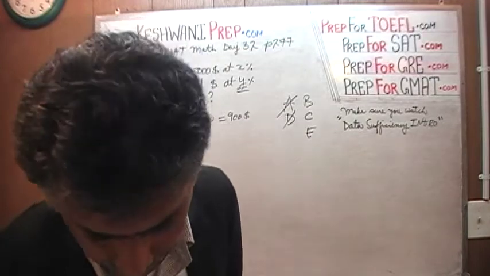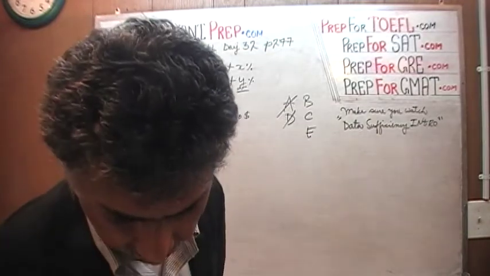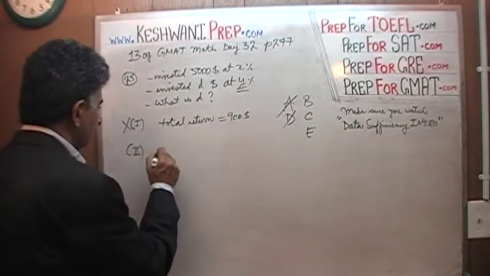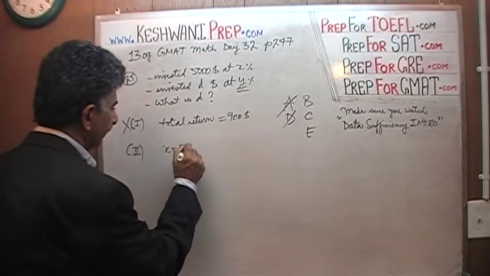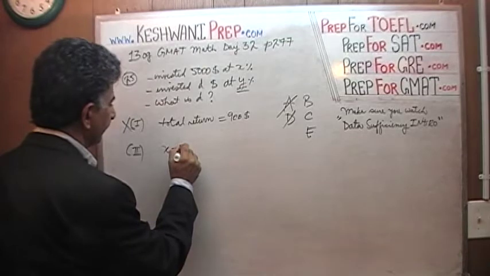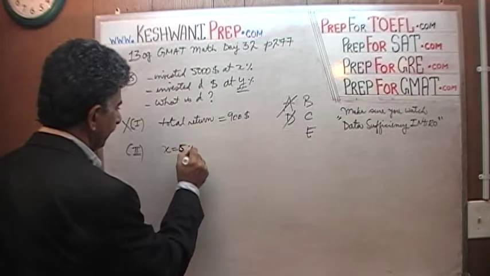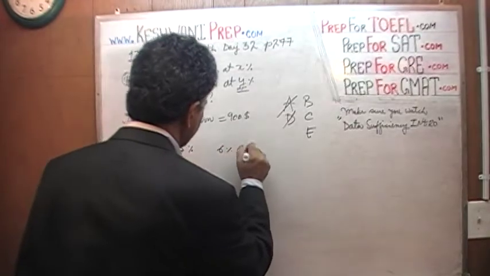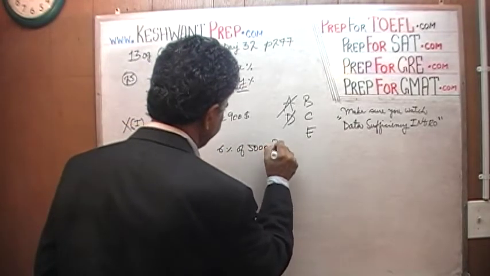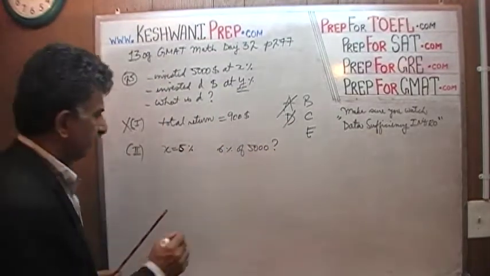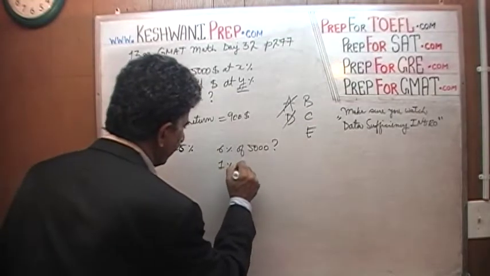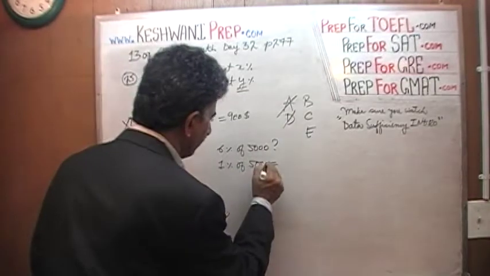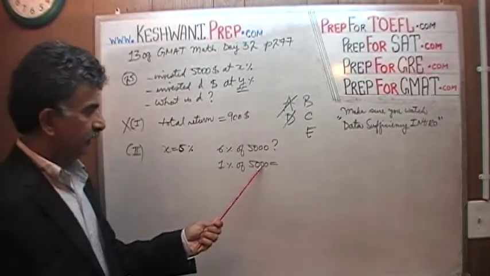The second statement tells us that she invested $5,000 at 6%. So now they tell you the value of X. In the second statement, X equals 6%. If X equals 6%, that means she earned 6% of 5,000. What is 6% of 5,000? Well, 1% of 5,000 is 50, you just knock out the two zeros.